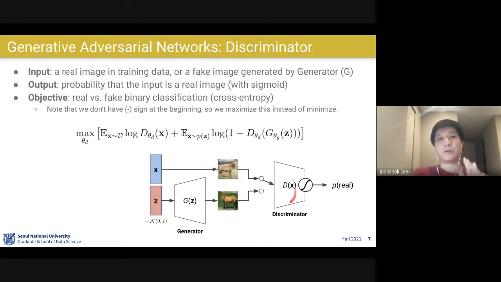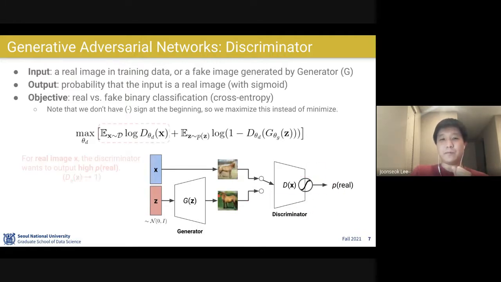The discriminator doesn't know which one it's coming from, and its task is distinguishing whether it's real versus fake. So it outputs the probability that the input is actually a real image. If it believes it's a real image, it will output close to 1. And if it believes it's a fake-like image, then it will output close to 0, using the sigmoid.